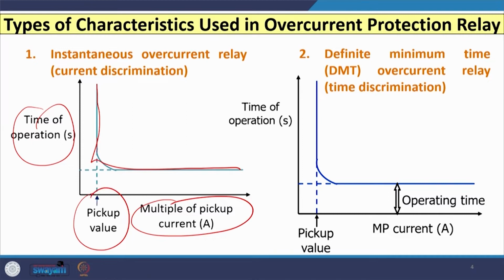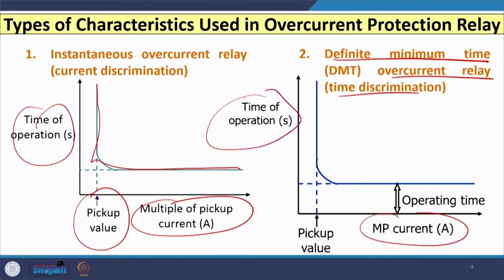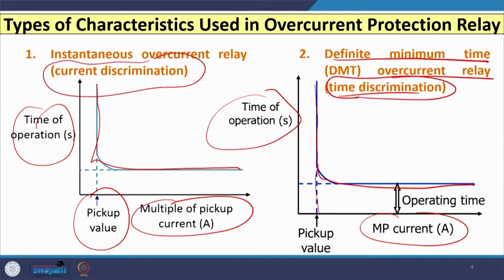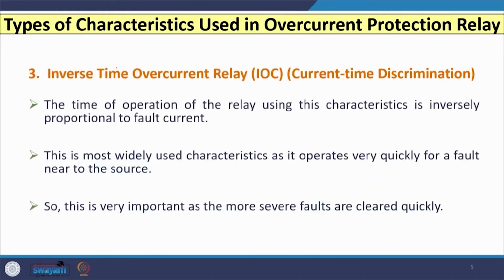On the other hand, the definite minimum time overcurrent relay operates on time discrimination. Here, if I draw the characteristic of multiple of pickup current versus time of operation, we have the same graph as for instantaneous overcurrent relays, but the difference is that when the current exceeds this pickup value, the operating time of the relay remains constant, which is set by the user. So here time discrimination is important, whereas in the instantaneous overcurrent relay, current discrimination is important.